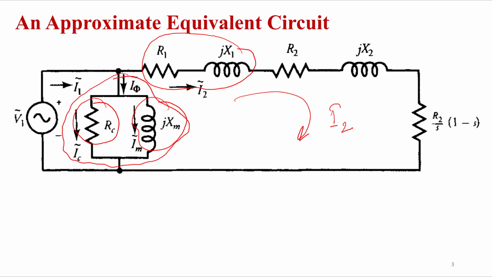So I2 you can directly find just by V1 divided by the sum of these resistances and reactances, right?